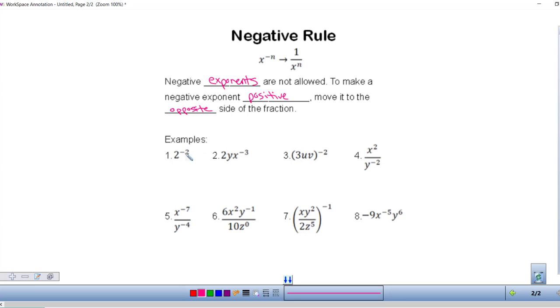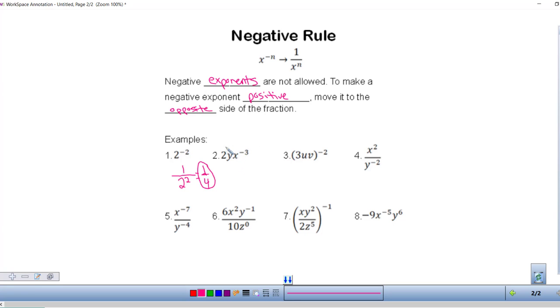So let's look at examples. This one I see 2 to the negative 2nd power, so that needs to go to the bottom of a fraction, 2 to the positive 2nd power. And if I don't have anything on top of a fraction, we can't leave it blank, we just put 1. When I have a number, we can go ahead and simplify further and say 2 squared is 4. So we get 1/4 when we have 2 to the negative 2nd power.